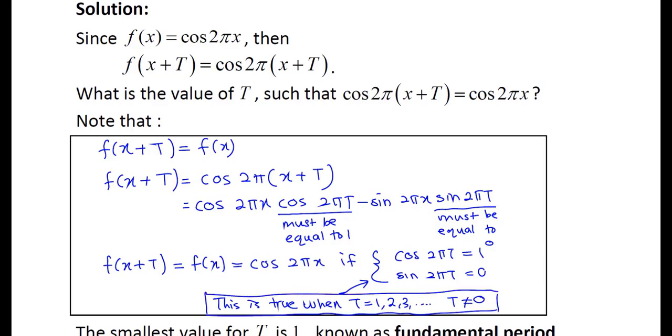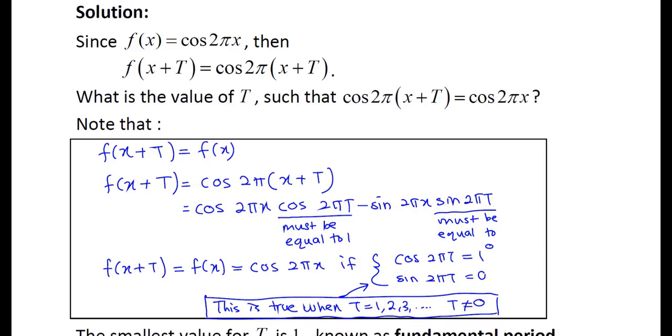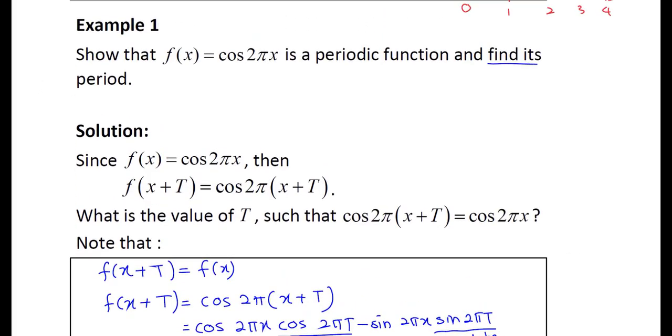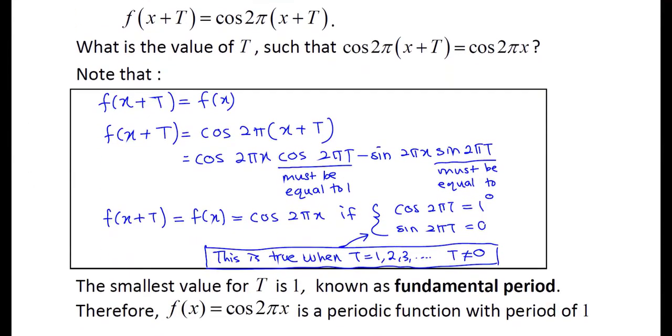Then the question asks us to find its period, meaning we need to find capital T. T is the smallest value, which we call the fundamental period.